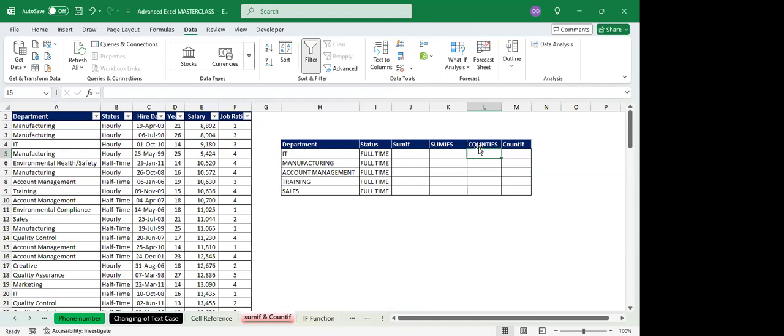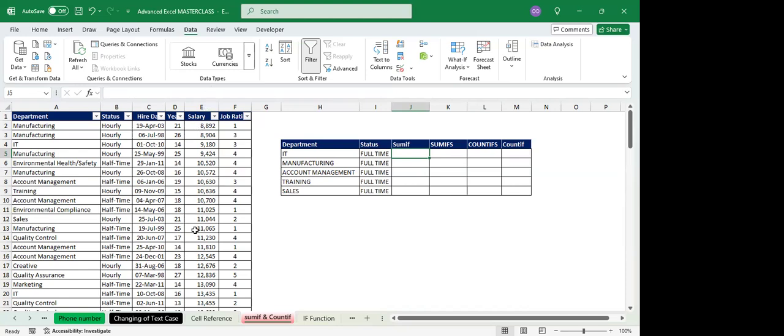If I want to count some set of cells and I have plenty criteria attached to it, that is countifs. But if it is just one criteria attached to it, that is countif. You understand it? Fine. Now look at it. In this case, like I've explained, before we used the filter method, which is still correct, right? Now I want to sum this salary, right?